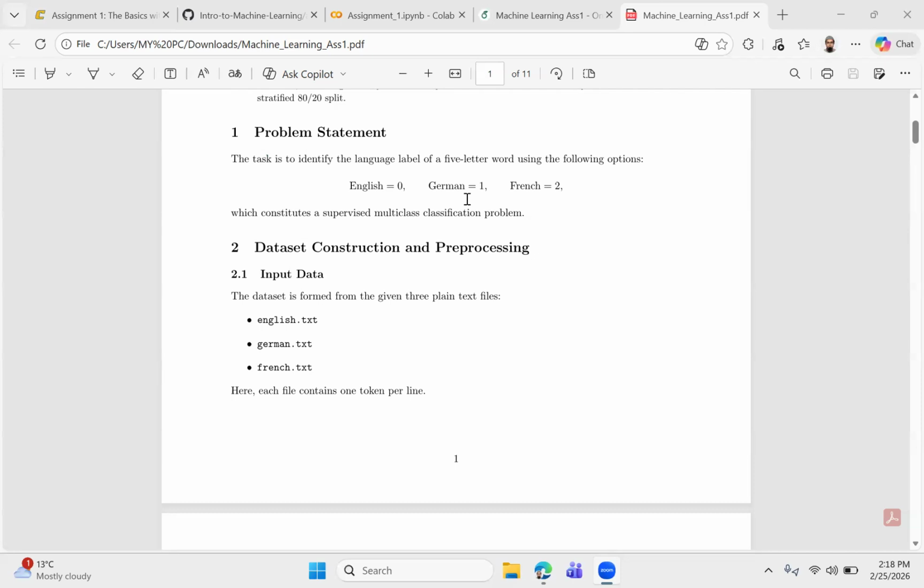Also, according to the requirement of our assignment, I used a manual stratified 80 by 20 split for train and test.